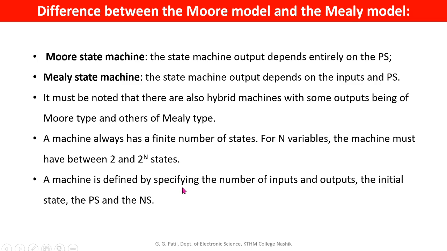A machine is defined by specifying the number of inputs and outputs, the initial state, present state, and next state. Any sequential machine is specified using these terms: the number of inputs the machine has, the outputs it has, the initial state, present state, and next state. Considering these terms, we can describe any machine.